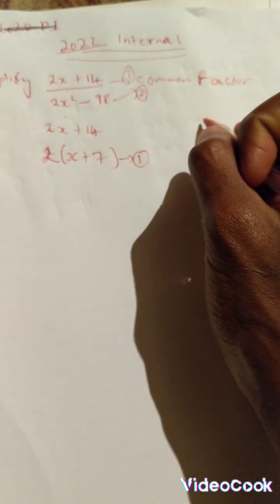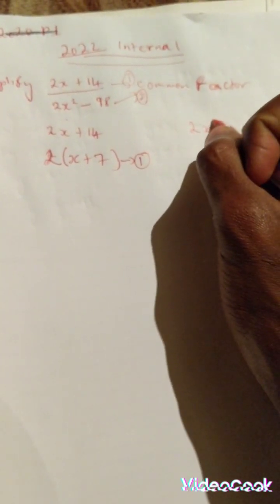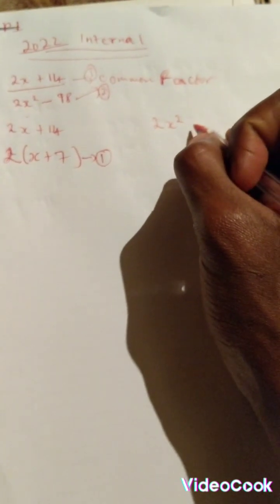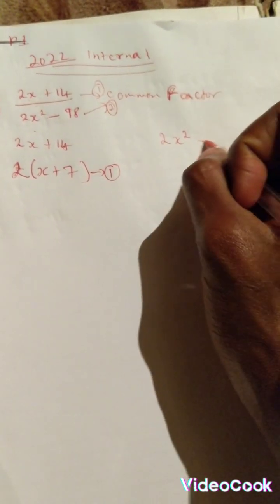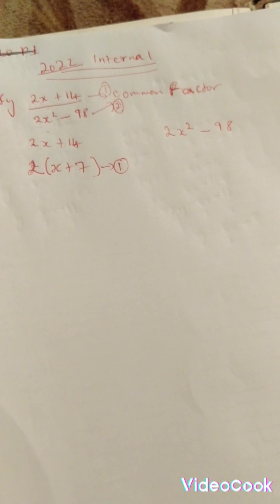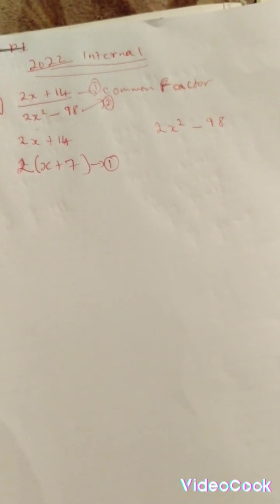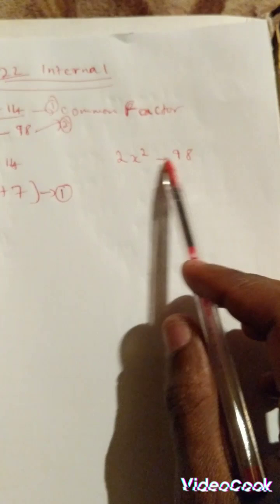Also the equation 2, you are going to simplify using common factor. So 2x squared, then minus 98. You're going to look at what is common in this equation, because for equation 1 we have already found it.